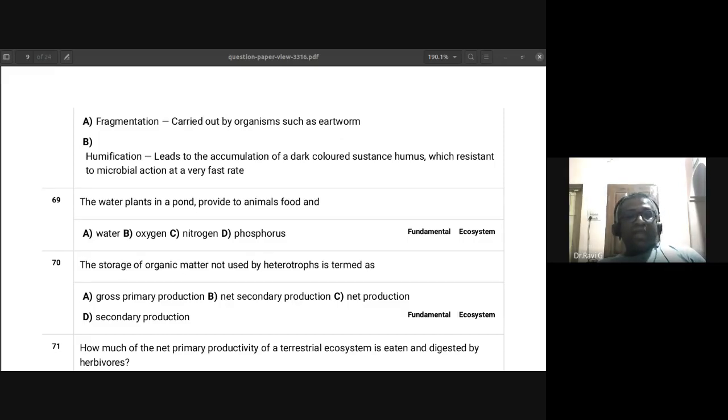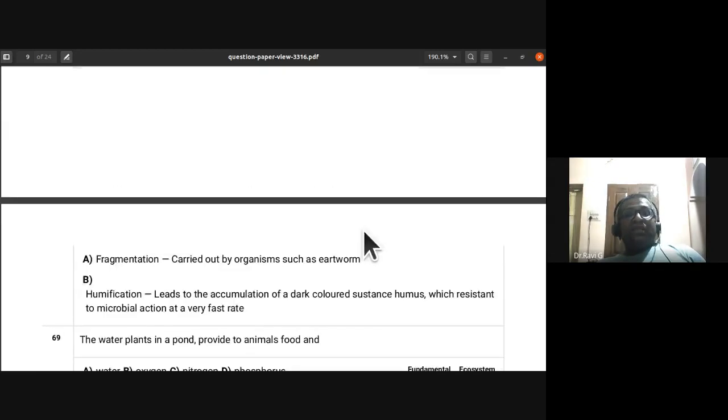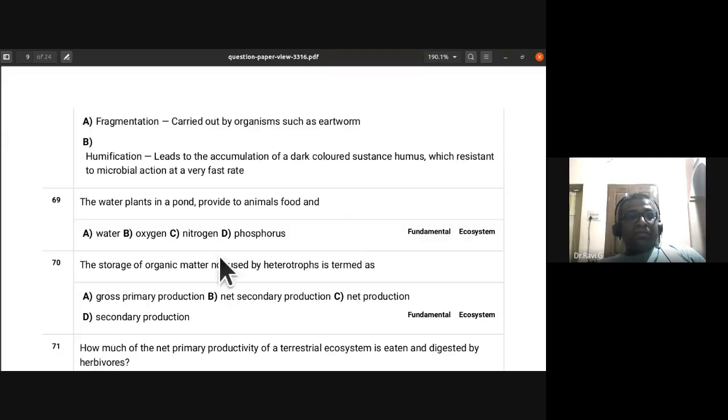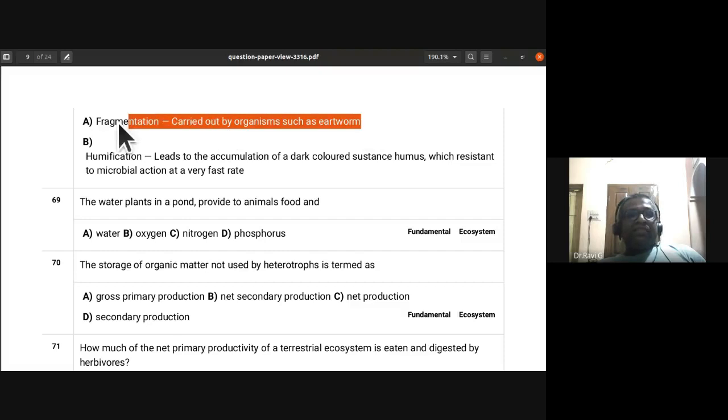So they are going to bring about the humification, which leads to accumulation of a dark colored substance, humus, which is resistant to microbial action at a very fast rate. So again, I feel that the fragmentation is a correct answer here. Humification is not resistant to microbial action at a very fast rate.